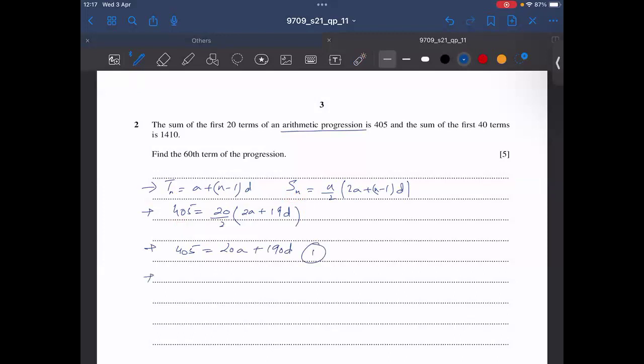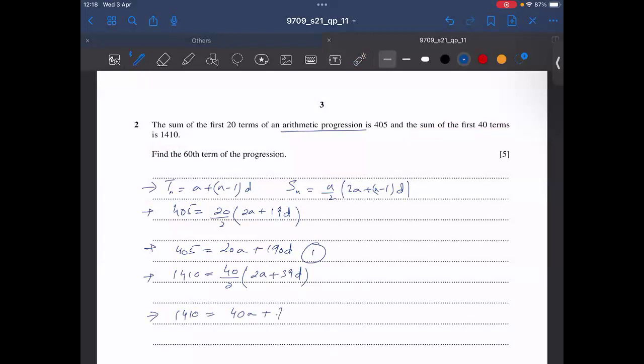Now I'm going to form another equation in terms of a and d using this information. We've been given the sum of the first 40 terms, and that is 1410 equals 40 over 2, 2a plus 39d. So 1410 equals 20 times 2 is 40a plus 20 times 39 is how much?